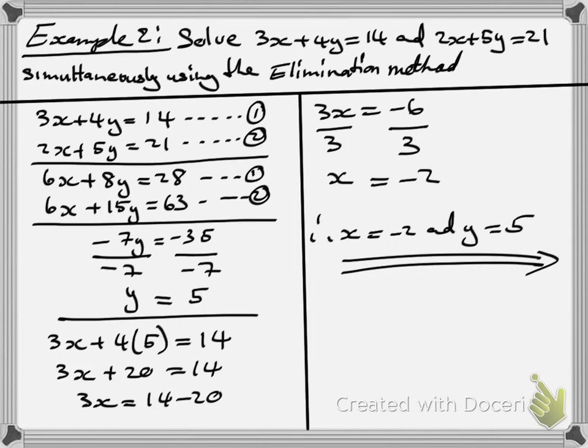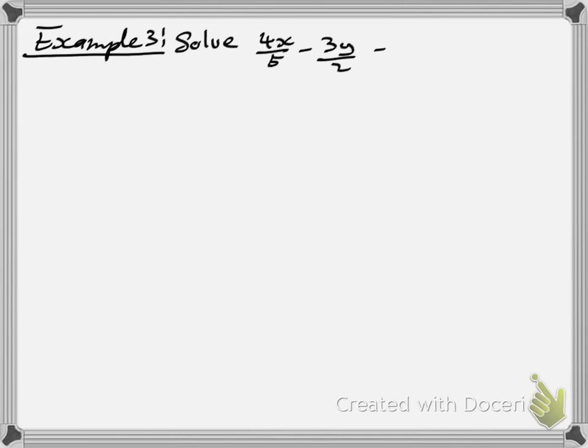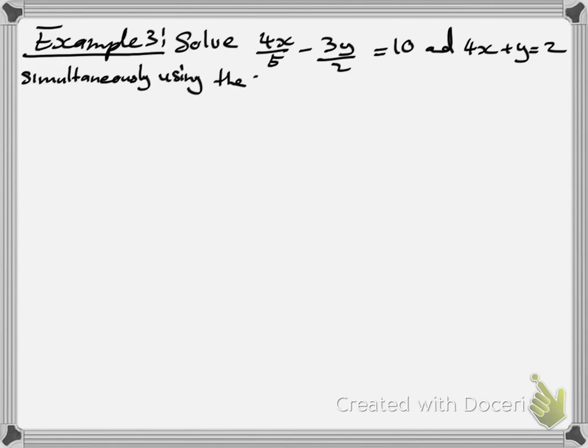Moving on, example number 3. Solve 4x over 5 minus 3y over 2 is equal to 10, and 4x plus y is equal to 2, simultaneously using the elimination method.